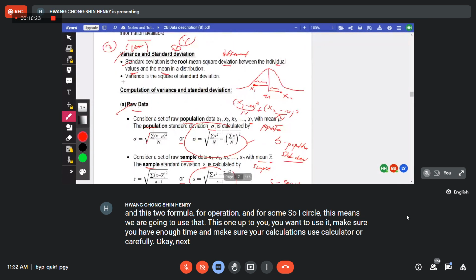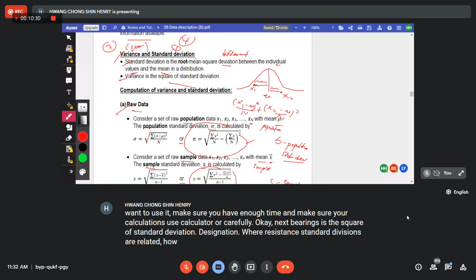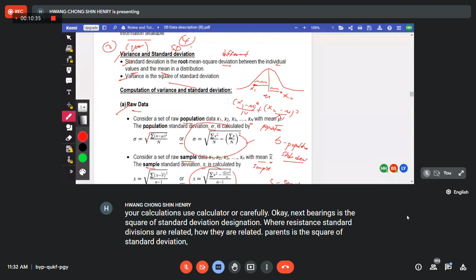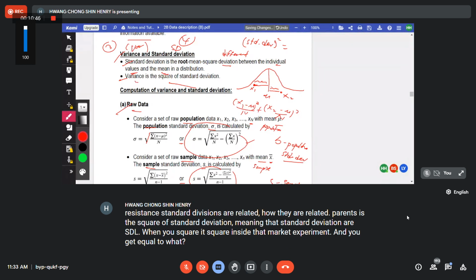Okay, next, variance is the square of standard deviation. Just like I mentioned, variance and standard deviation are related. How are they related? Variance is the square of standard deviation, meaning that when you square the standard deviation, bracket square, you get equal to what? Variance. Understand? Standard deviation value, we square it, you get variance.